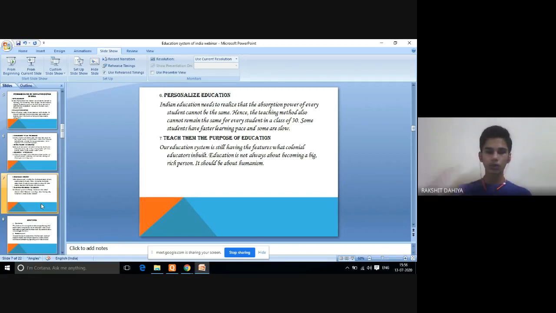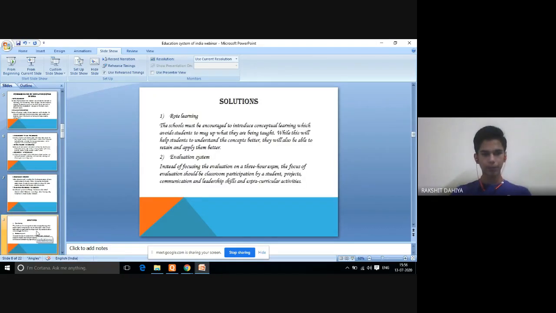So if I move to the next slide, this says solutions. I told you about rote learning and what are its solutions. The schools must be encouraged to introduce conceptual learning, which keeps students from mugging up what they are being taught.